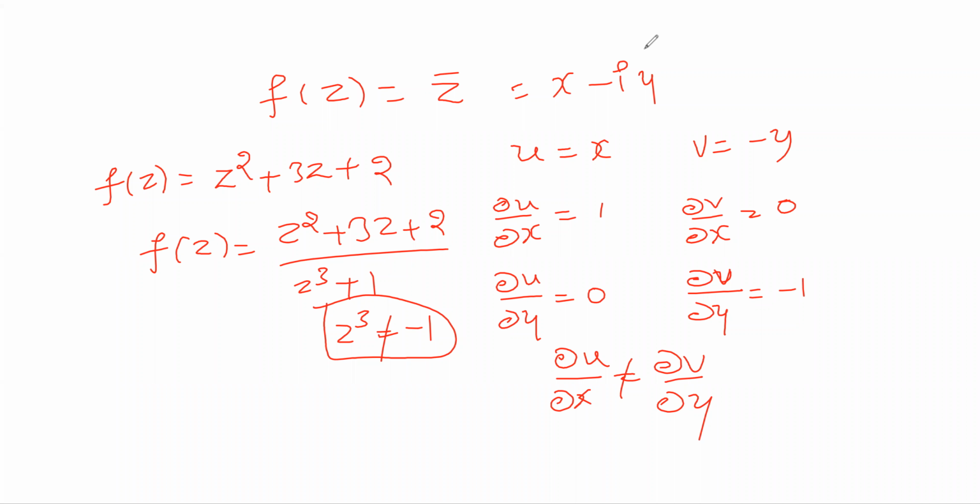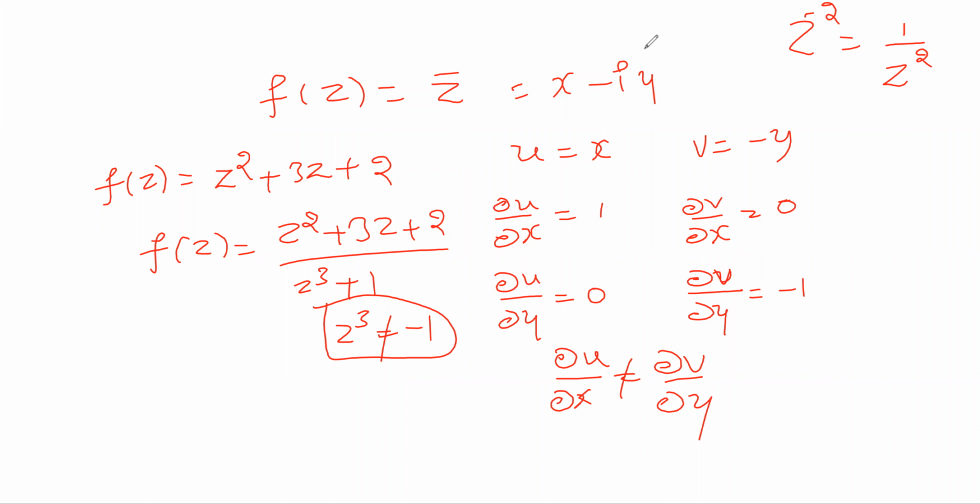All polynomials are analytic functions, and all trigonometric functions are also analytic functions. Is it clear? Like z power minus 2? If you take z power minus 2, we can write it as 1 by z square.